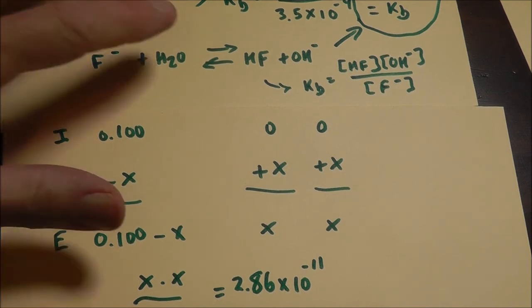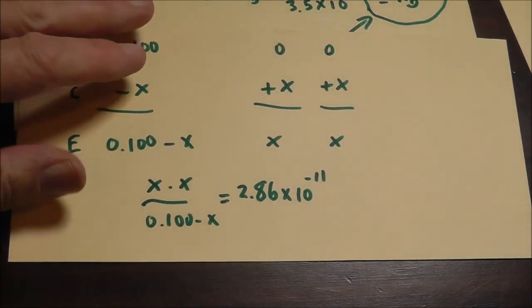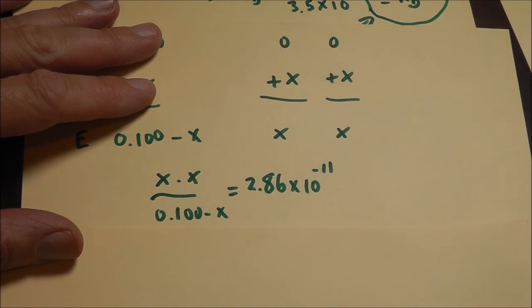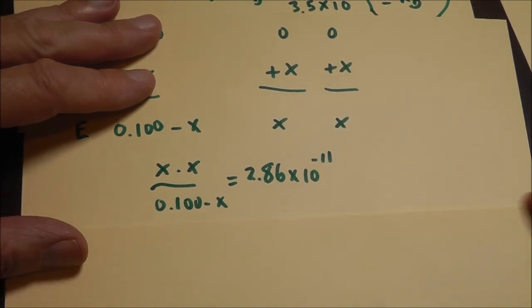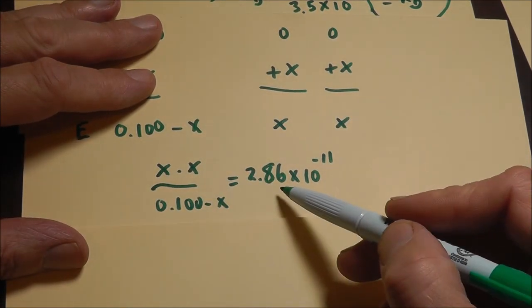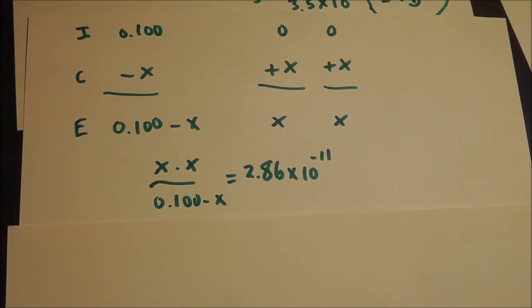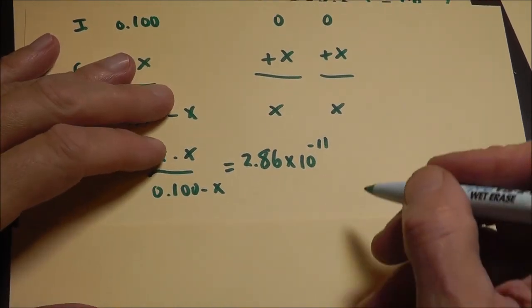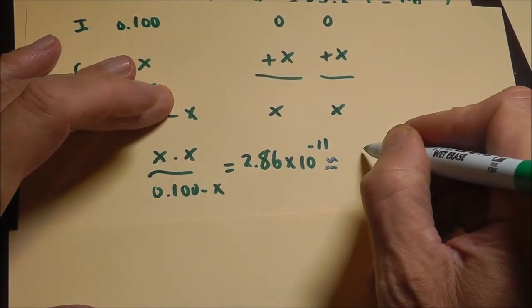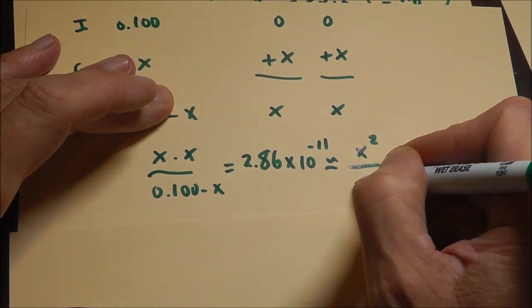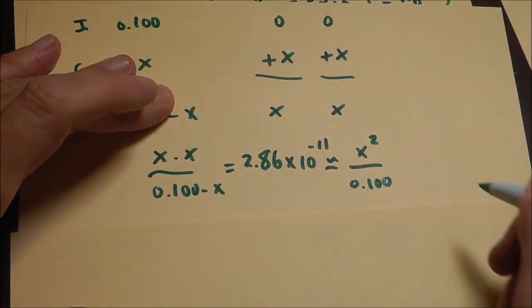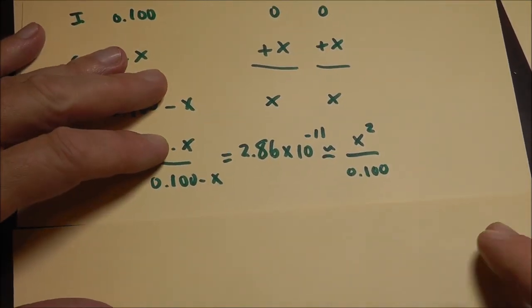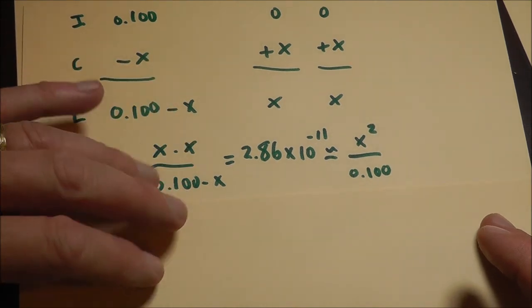Now, folks, can I do the 100 times rule? Yes, I can. 0.1 is way more than 100 times bigger than 2.86 times 10 to the minus 11. And so what we can do now is say that is X squared divided by 0.100. Trying to get to X, and then we've got to remember what X meant.